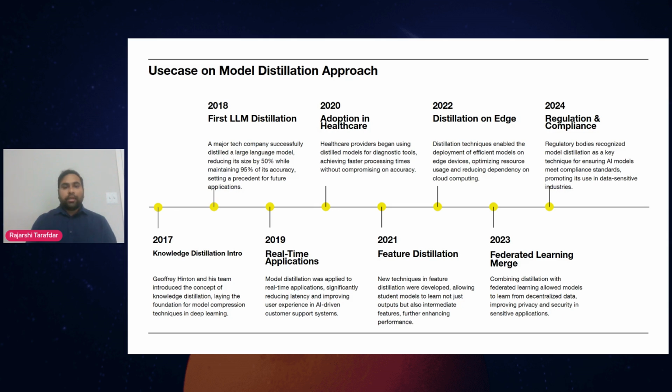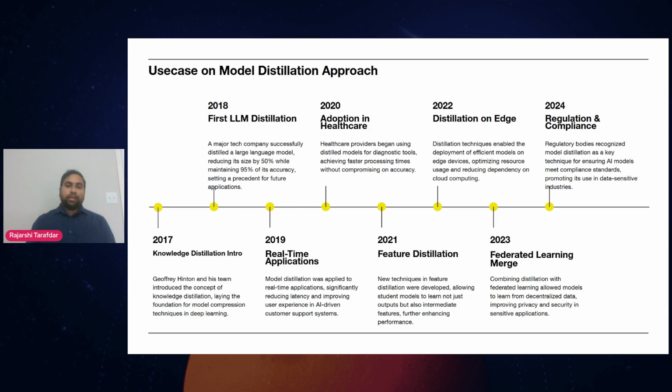In 2018, research moved to a use case where a major tech company successfully distilled an LLM, reducing its size by almost 50% while maintaining almost 95% of its accuracy. In 2019, it was applied to multiple real-time applications, reducing latency and improving the user experience in AI-driven customer solutions.